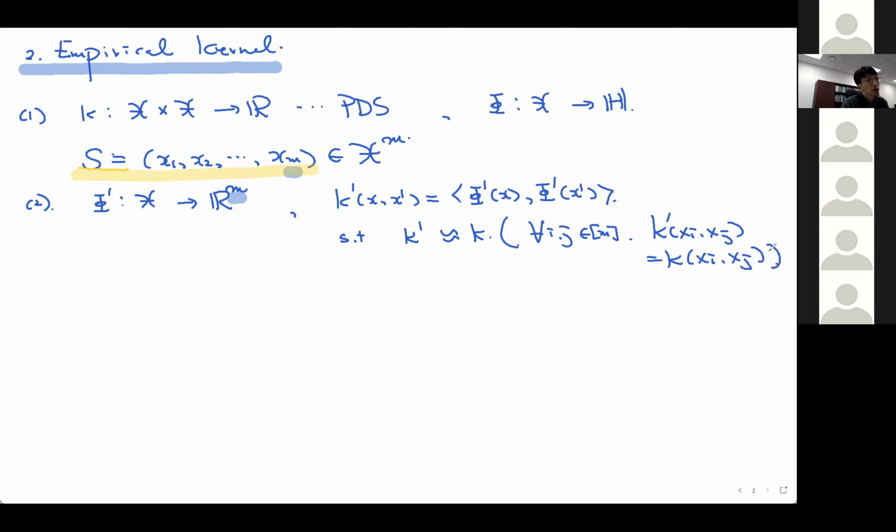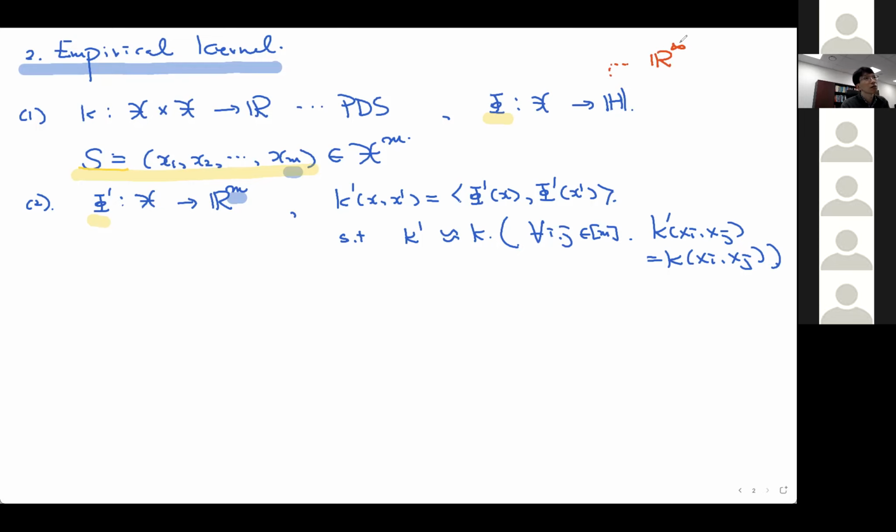So what's really going on here? If you compare phi and phi prime, as I said, the Hilbert space may be infinite dimensional. Although this is not exact notation, it's possible that the Hilbert space is like R to the infinity.